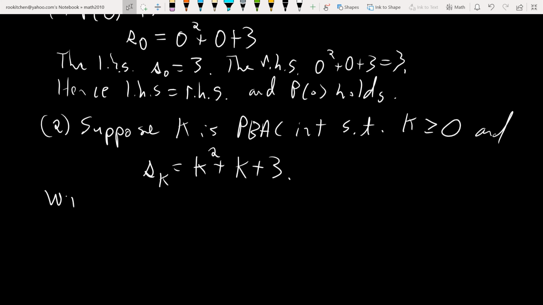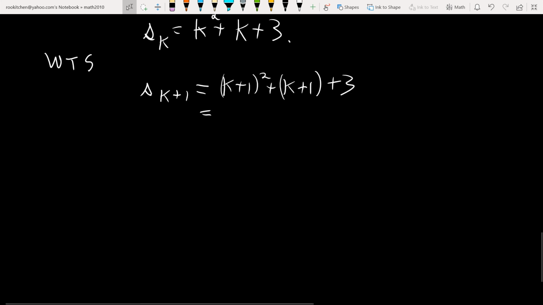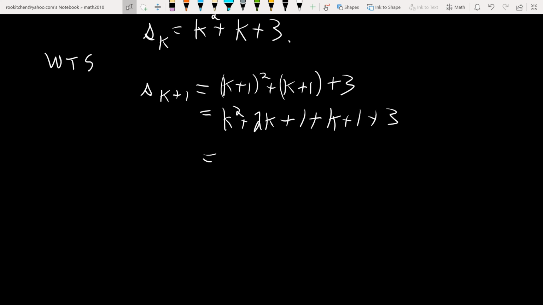Of course, we want to show S sub k plus 1 follows. S sub k plus 1 from our explicit formula is k plus 1 squared plus k plus 1 plus 3. Let's simplify that. Doing some foiling, we get k squared plus 2k plus 1 plus k plus 1 plus 3, which equals k squared plus 3k plus 5.